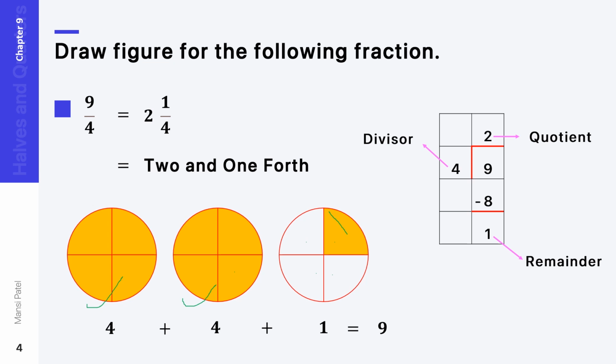After that, compulsorily we have to say AND, A-N-D, and then the numerator, and then we have to read the denominator. So the number name for this is 2 and 1/4. Or we know that if in the denominator there is a 4, then it is known as quarters. So we can say that the number name for this figure is 2 and 1/4.